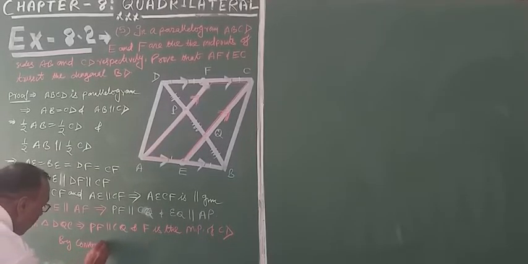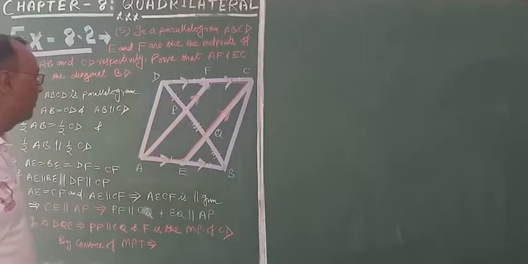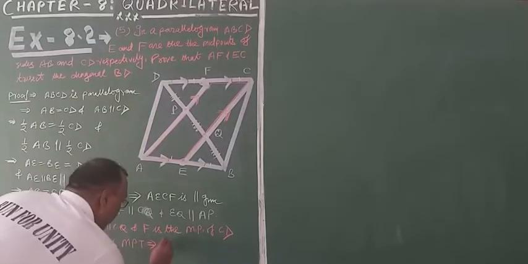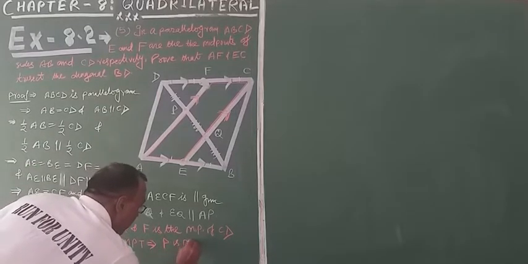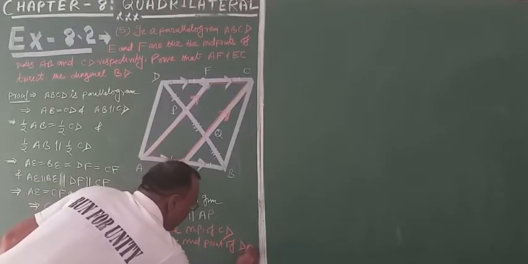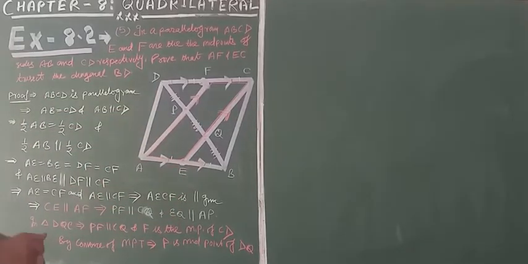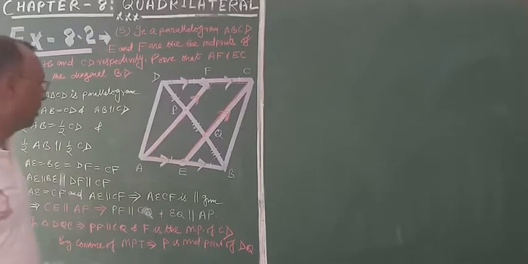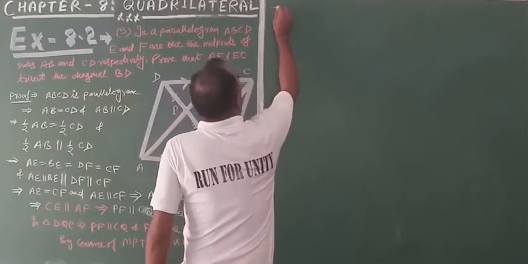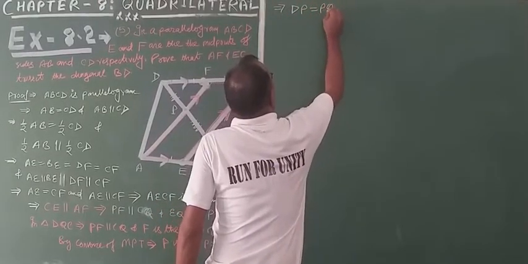Therefore, by converse of MPT, what will happen? P will be the midpoint of DQ. If P is the midpoint of DQ, therefore DP is equal to PQ. This is equation number 1.